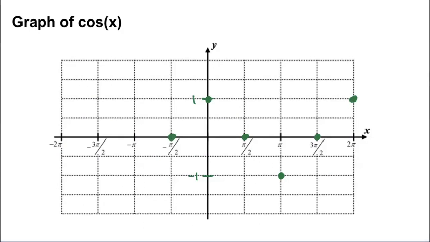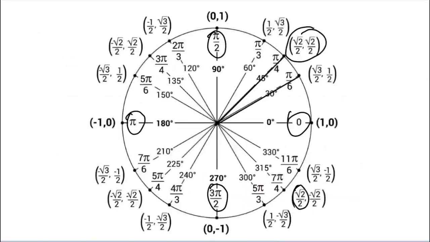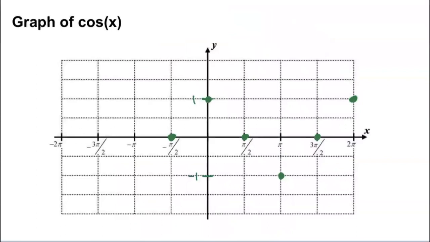And we can back this up with looking at our unit circle right here. You can see that with our x values, I'm going to label it with a highlighter. We have positive, positive, positive, negative, negative, negative, positive, positive, positive, negative, negative, negative. It is completely mirrored here along the x-axis of our unit circle. So it should hold to reason that it would be the same on the graph.